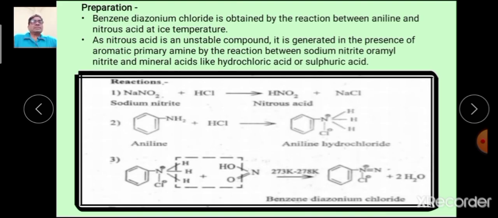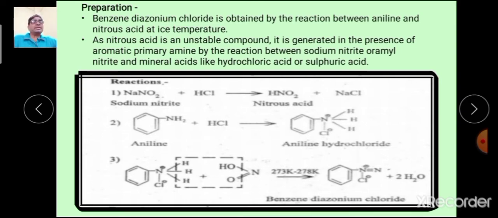Yes, this is the reaction. As nitrous acid HNO2 is an unstable compound, it is generated in the presence of aromatic primary amine by the reaction between sodium nitrite or amyl nitrite and mineral acids like hydrochloric acid.